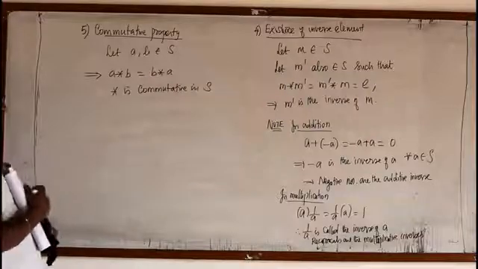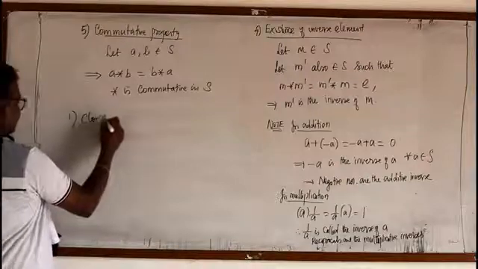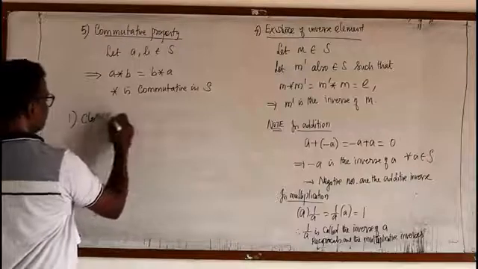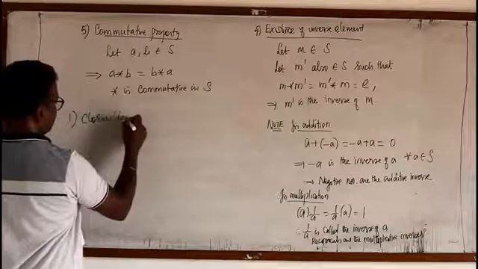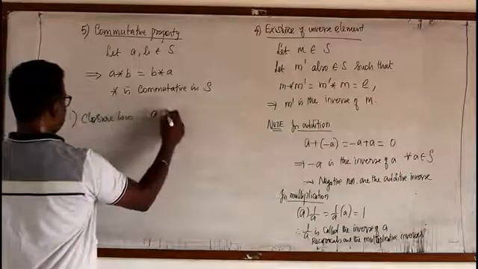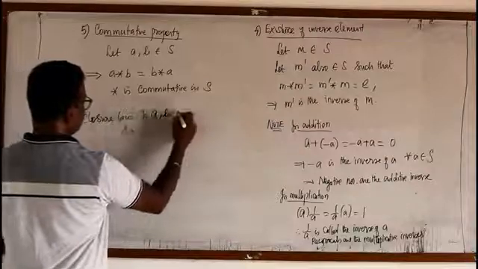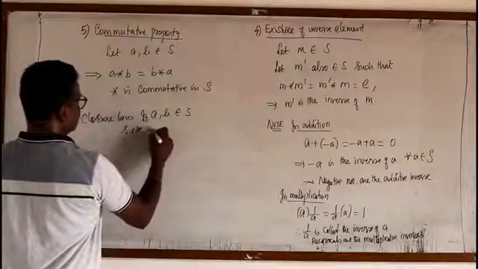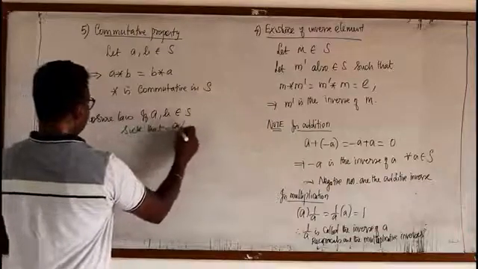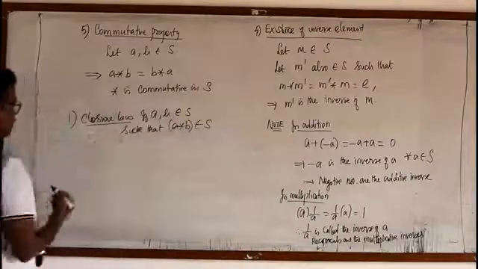These are the operations we have on sets. First is the closure law. If I take any two elements A, B belonging to S such that A star B also belongs to S, then we say S is closed.